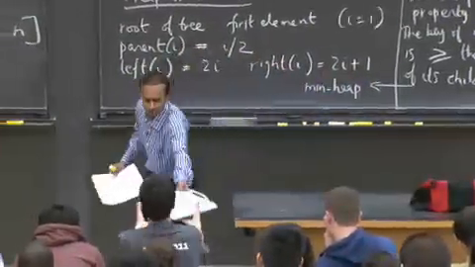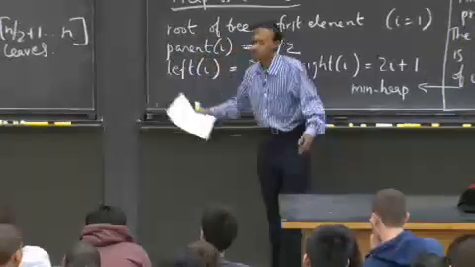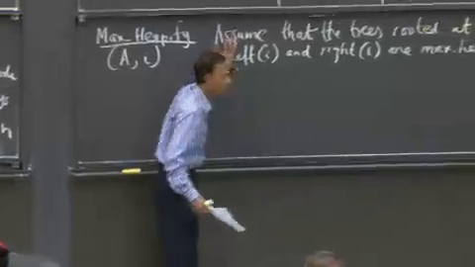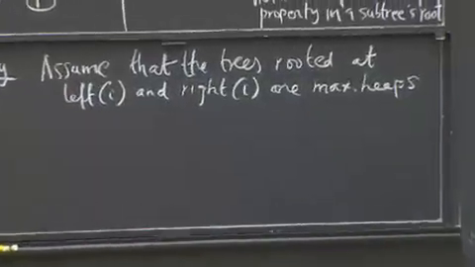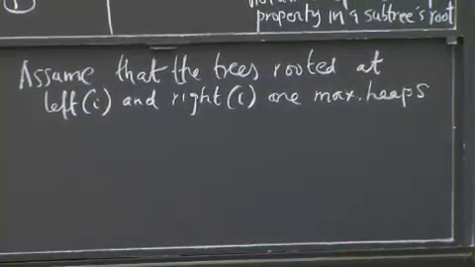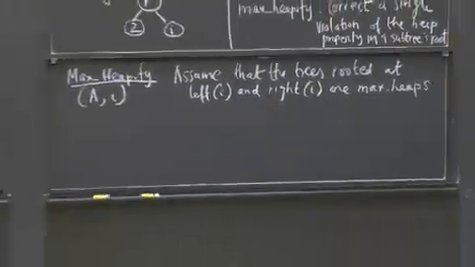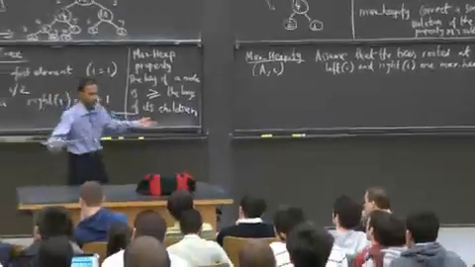So that's it. The reason this works is because you're calling max heapify multiple times, but every time you call it, you satisfy the precondition. Okay? And the leaves are automatically max heaps.